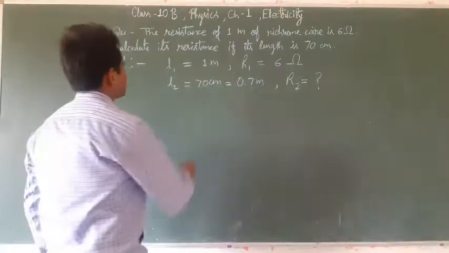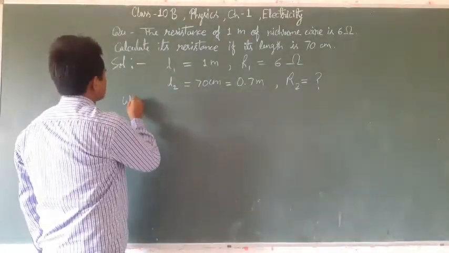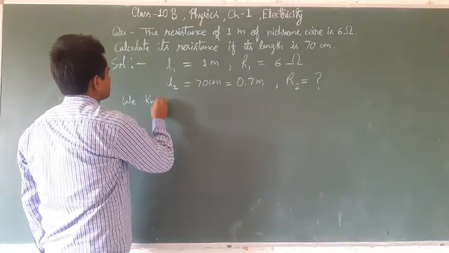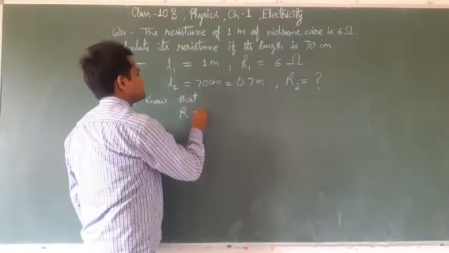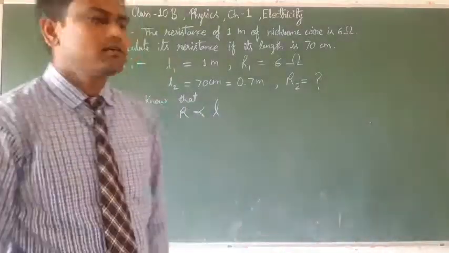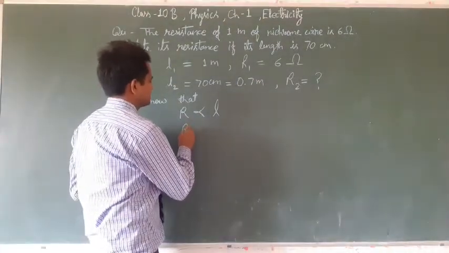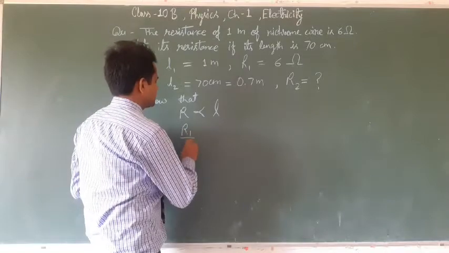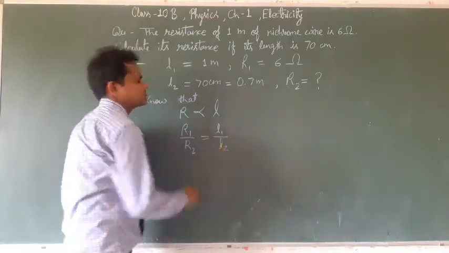Now we know that R is directly proportional to the length of the wire. So this can be written as R1 upon R2 is equal to L1 upon L2.